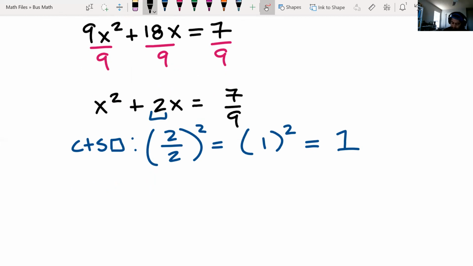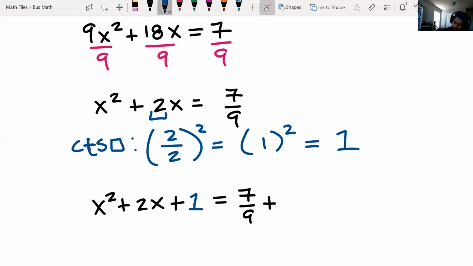And the CTS, you're just putting that to let us know, complete the square. And then you'll have x squared plus 2x plus the number we got from completing the square equal to 7/9 plus, again, the number we get from completing the square.